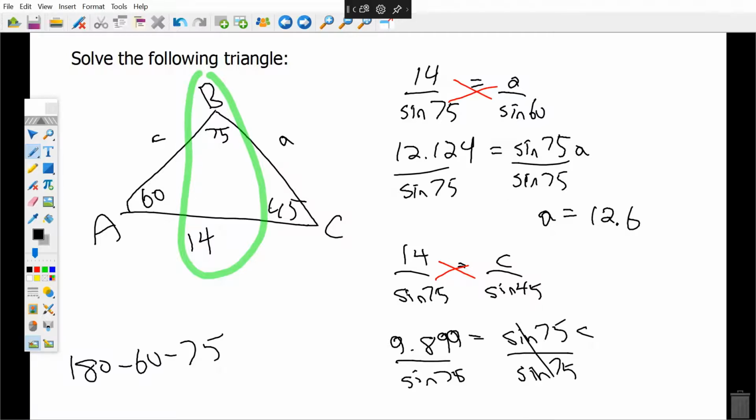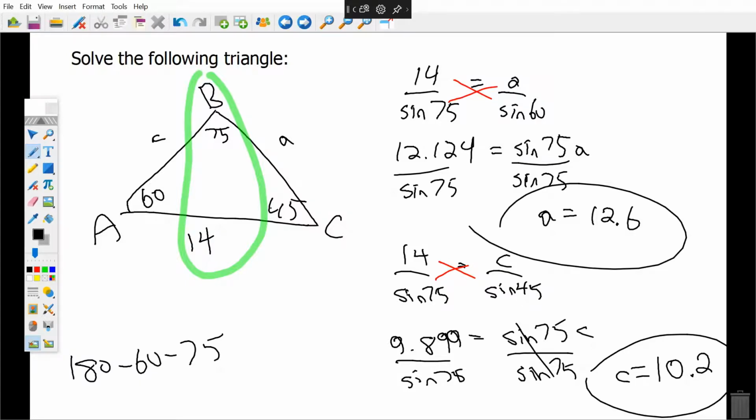C equals 10.248. We'll just leave it 10.2. So our completed triangle should have 12.6 for A, 10.2 for C, and then our missing angle as well.